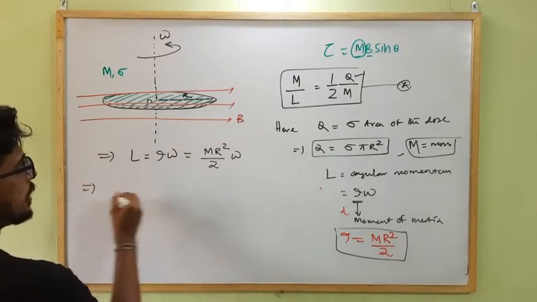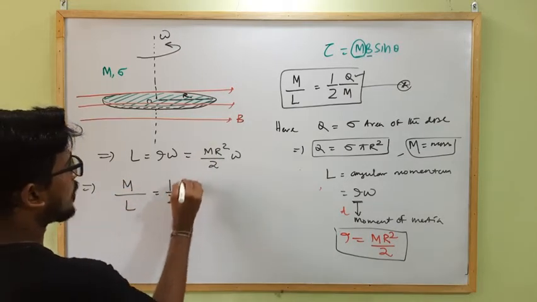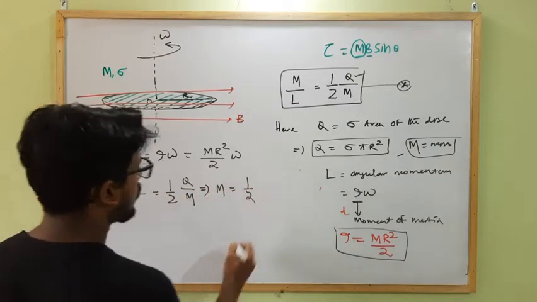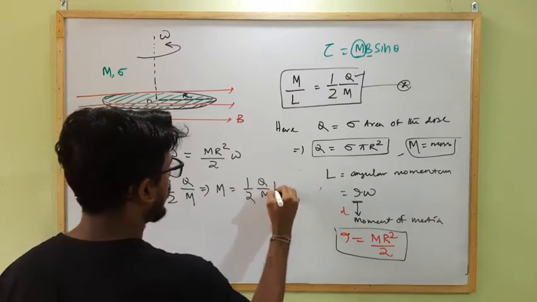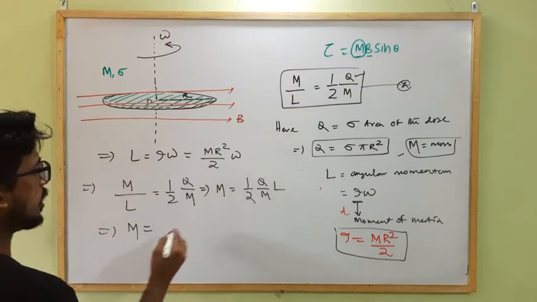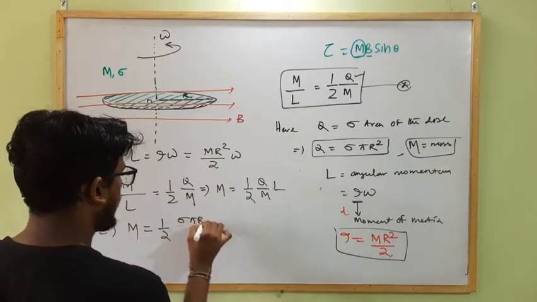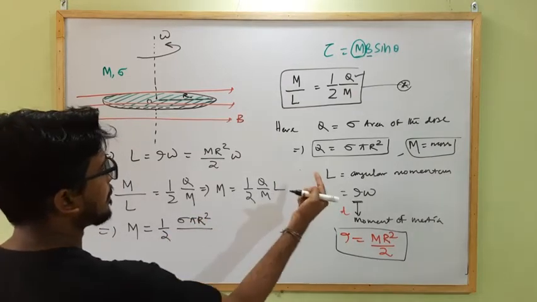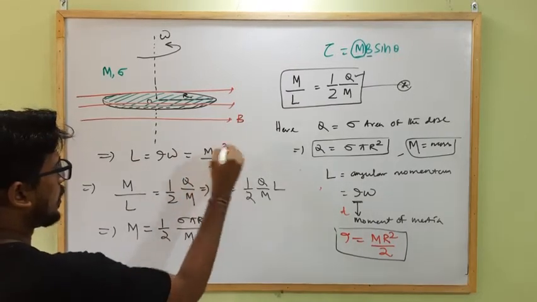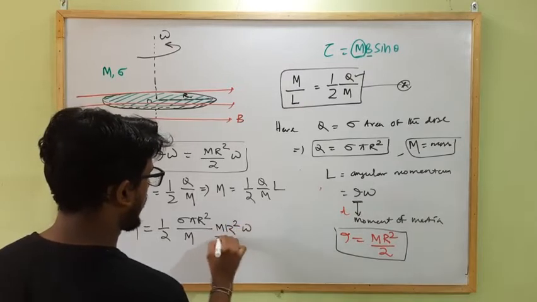The ratio M by L equals half q by m, so M equals 1 by 2 q by m into L. So we get the magnetic dipole moment of this disk as 1 by 2, in place of q I write sigma pi r square, divided by the mass m, into the angular momentum m r square omega by 2.